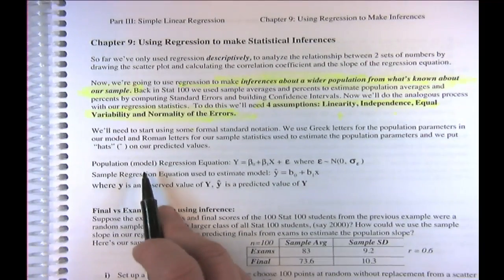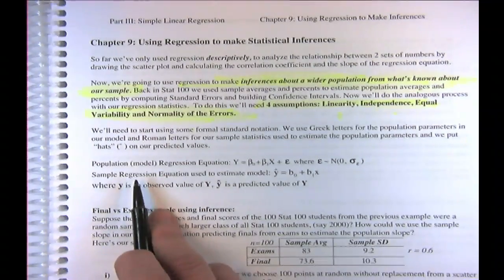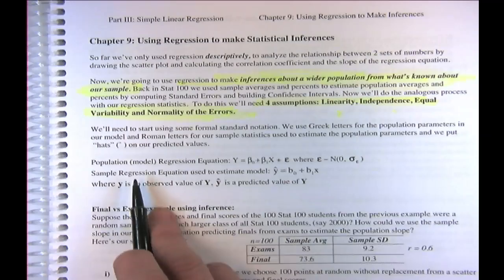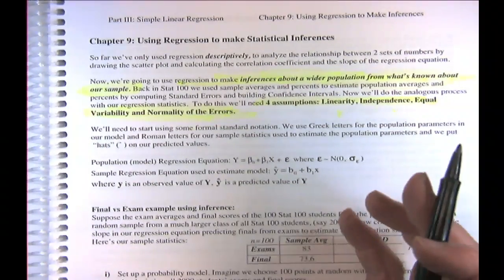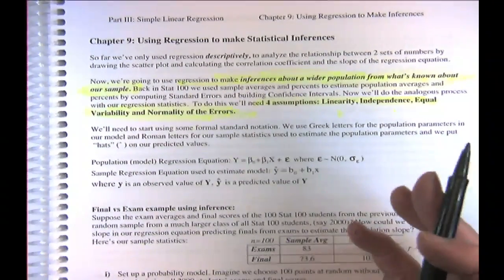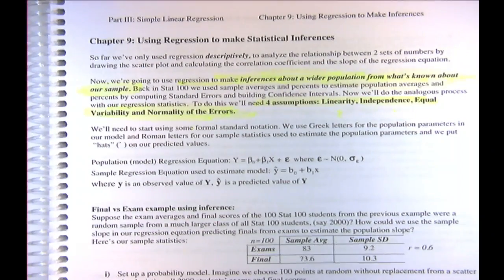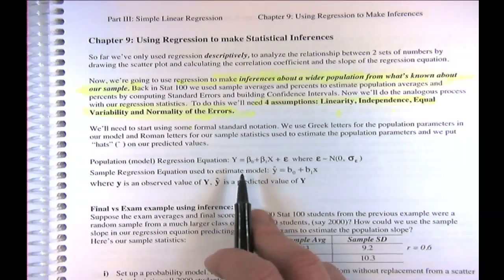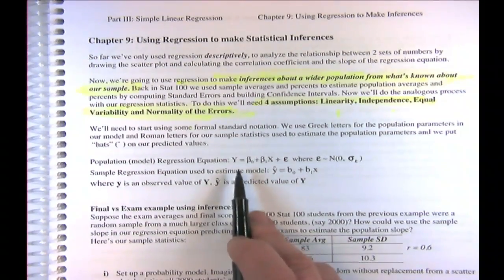We don't see the population. If we did, we wouldn't even be doing this. If we had the population, we wouldn't be taking a sample to infer anything about it. We'd be done, right? So this is an unknown population out there, and we have this idea, this model of what it looks like.